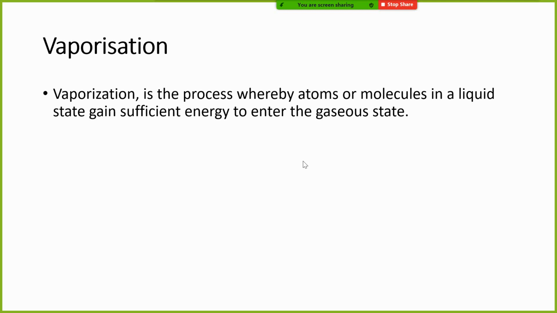But you're indeed correct, though it's not the only process of vaporization. You follow me? Yes, sir. So this is just what vaporization is defined as, right? Now let's continue.